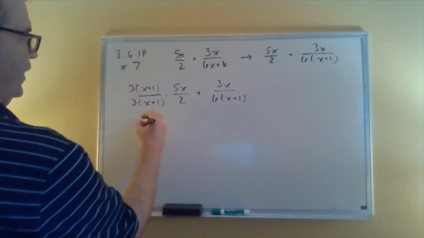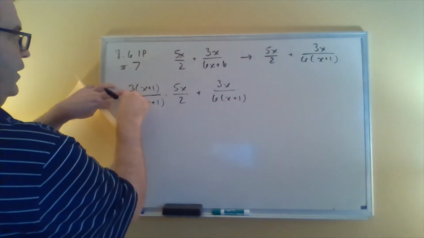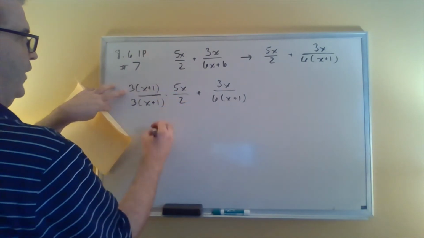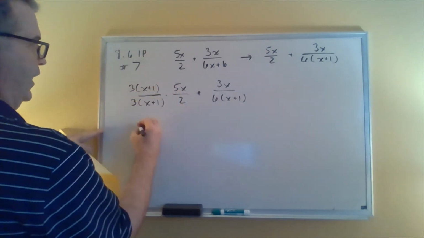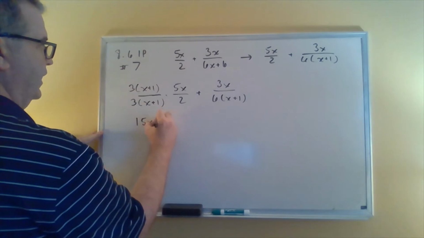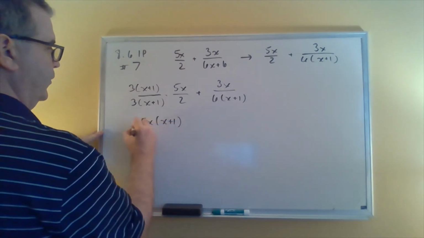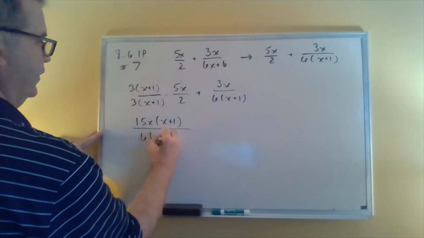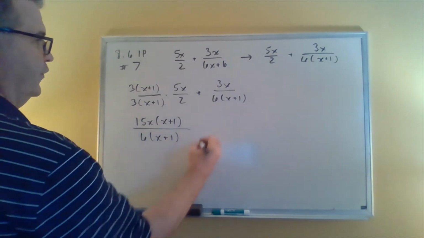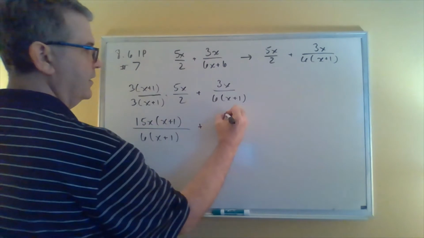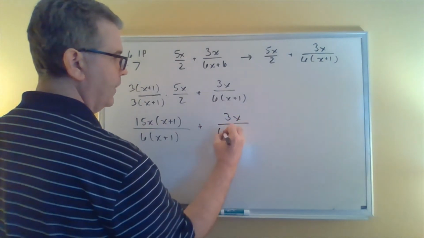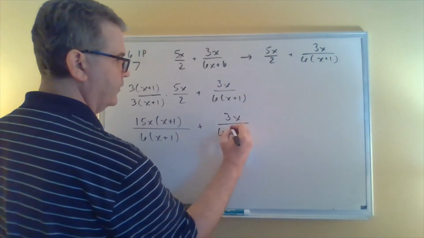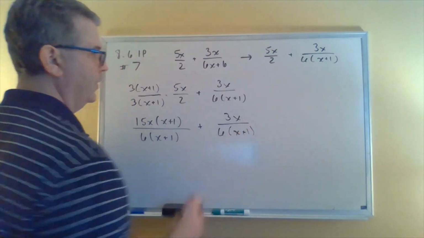So let's simplify that a little bit. I'm going to have 3 times x plus 1 times 5x, so that's going to be 3 times 5x, 15x, times x plus 1 is my numerator over here. And my new denominator, like we said, will be 6 times x plus 1. So I'm going to be adding to that 3x over 6 times x plus 1.